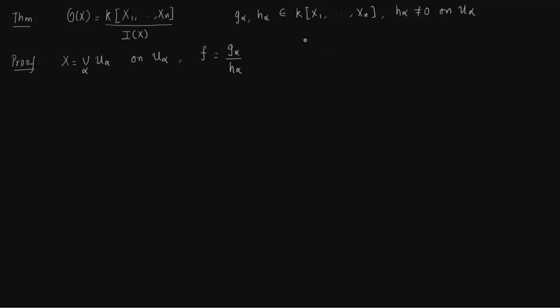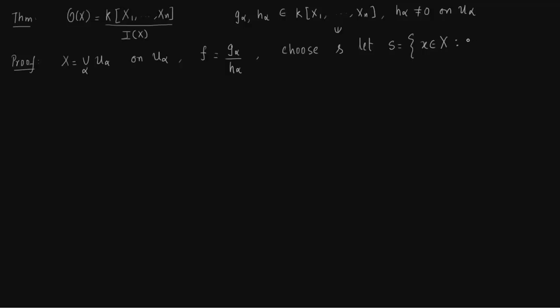Okay, so now let us define an open set. Choose a polynomial S, an element of k[x1 to xn]. Now you attach a set U_S. I'm writing S, this should be U_S.